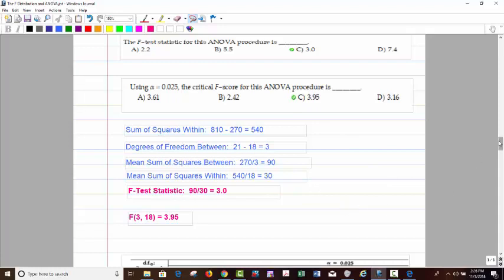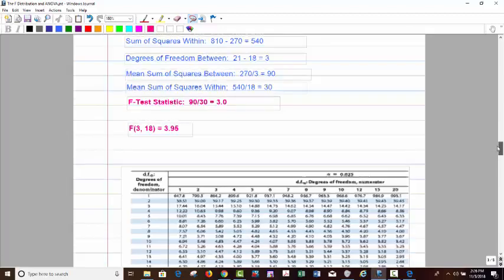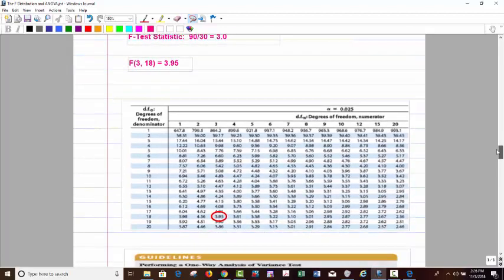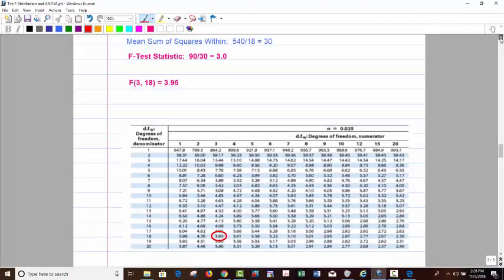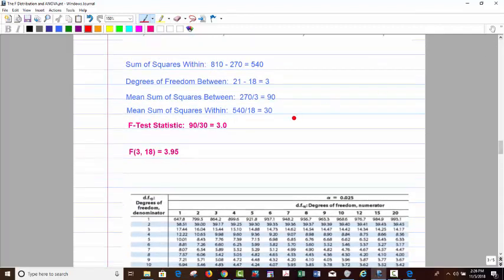And it's from the 0.025 chart. And you see there's 3 numerator degrees of freedom, 18 denominator, 3.95. So that's where I got that number from, right there.